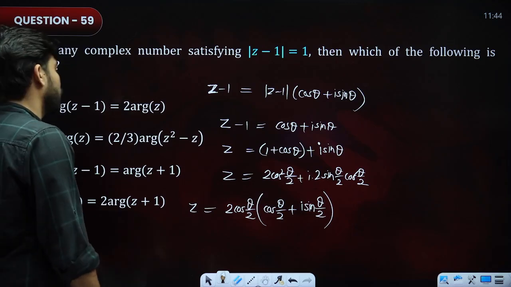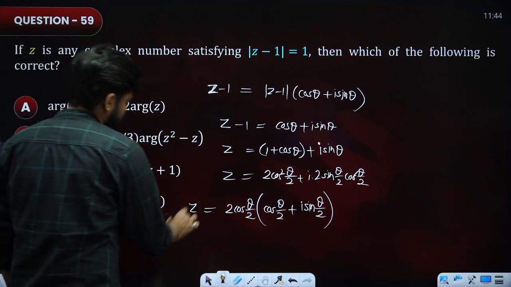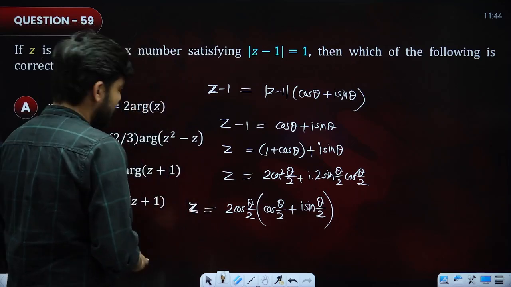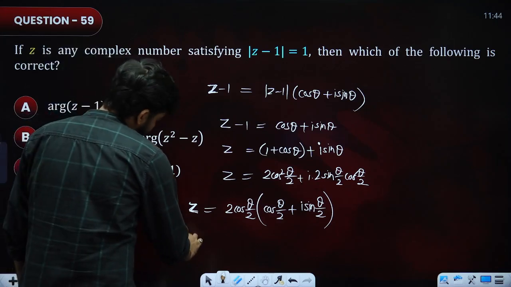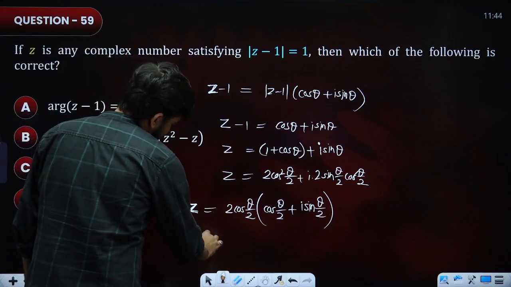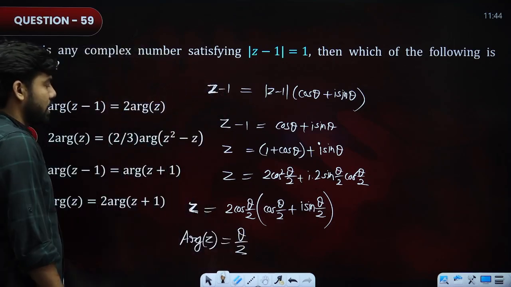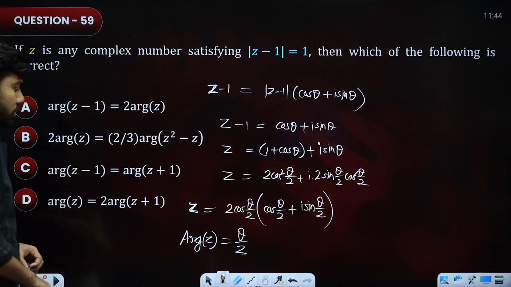Okay. So now in that case, what we can do here, we can say that the argument of z is equal to theta by 2. Here as you can see, argument of z is equal to theta by 2.